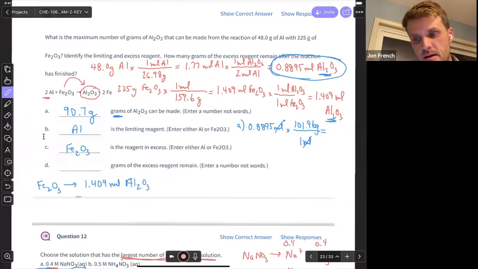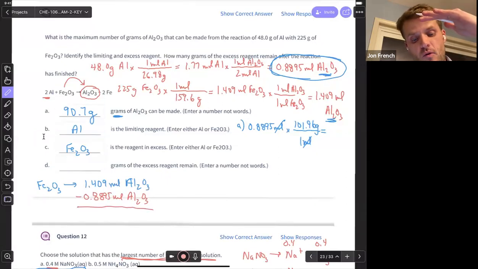We actually made 0.8895 moles of aluminum oxide. So we're going to subtract that amount, because I could have made 1.4 and I made 0.8895.